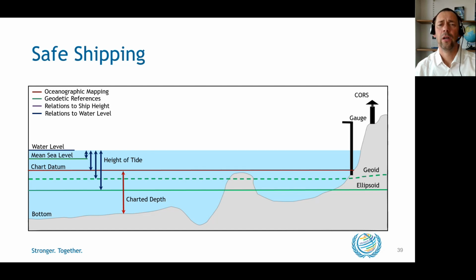But we know that the water level varies with the tides, so we have to monitor the water level permanently. As there are different reference surfaces that are independent from each other, we have to be very cautious against which of the reference surfaces the dynamic water level changes are monitored.